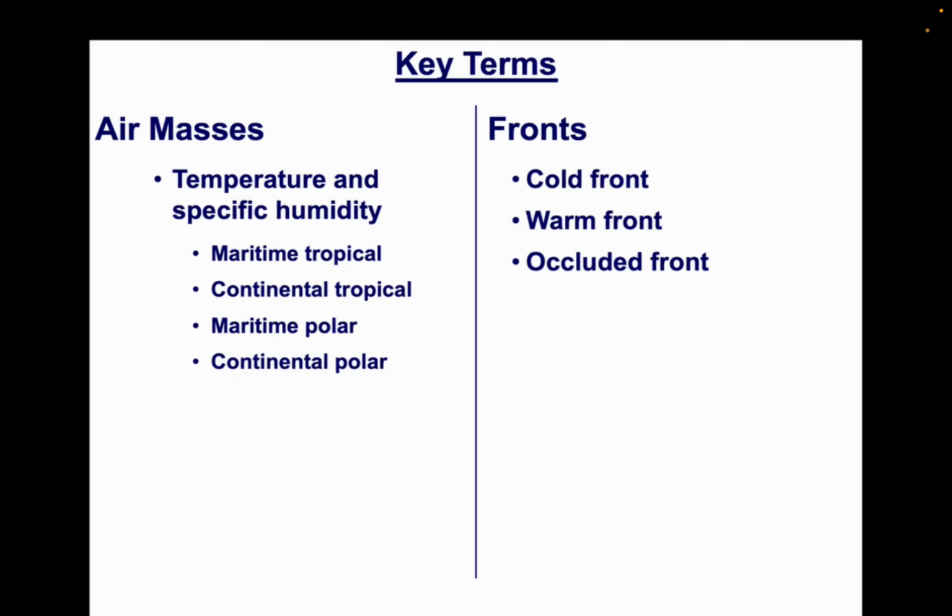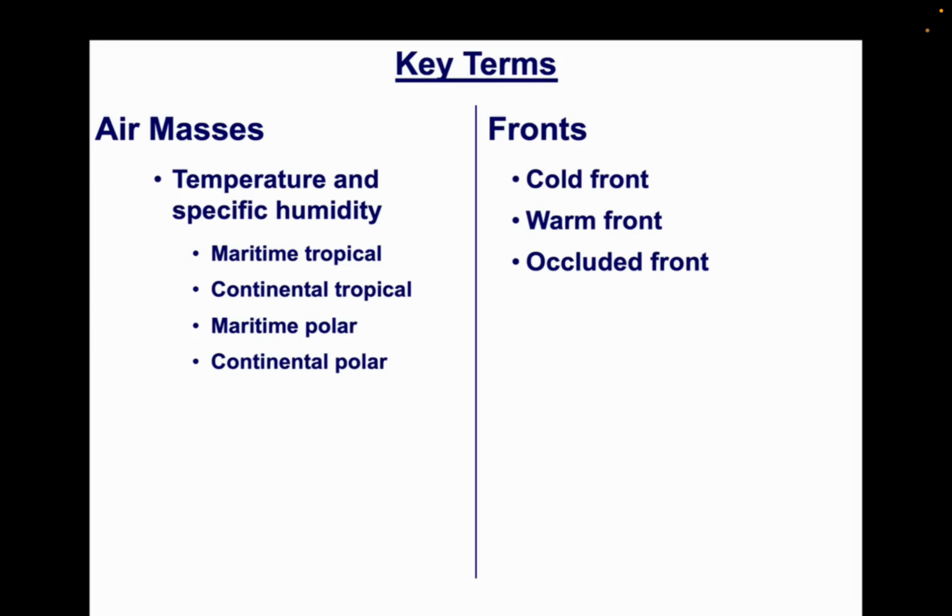So these are the key terms and key concepts that we're going to cover. We'll start with temperature and specific humidity, and then the different types of air masses that we have and how they are different from each other, right?